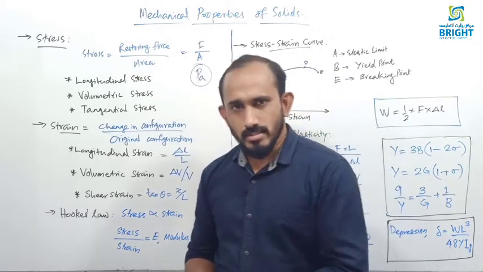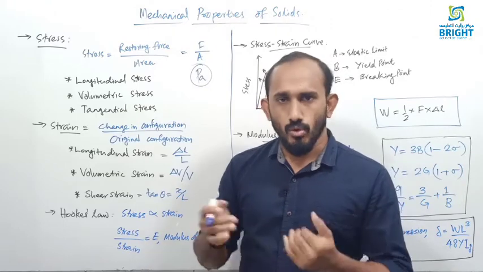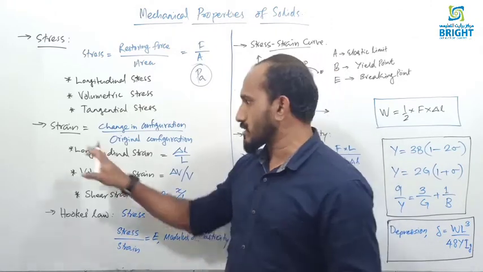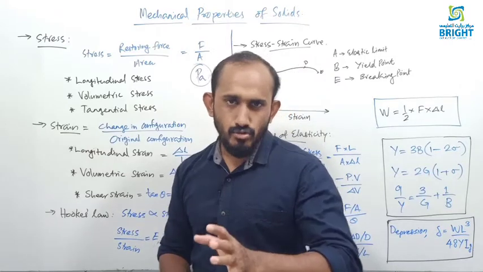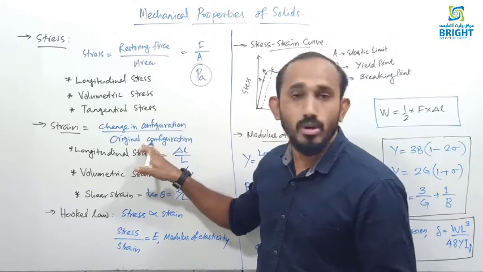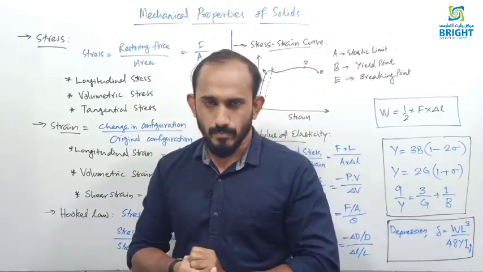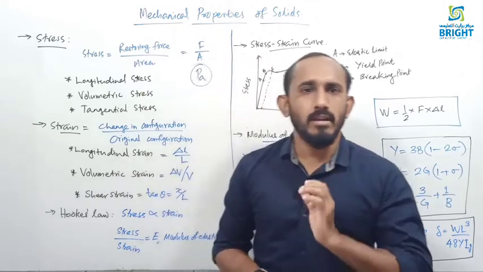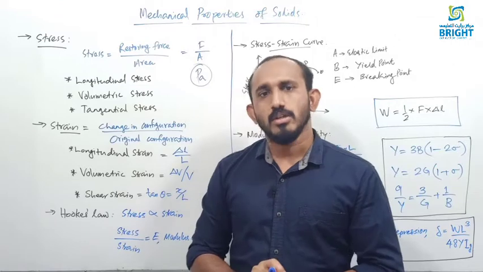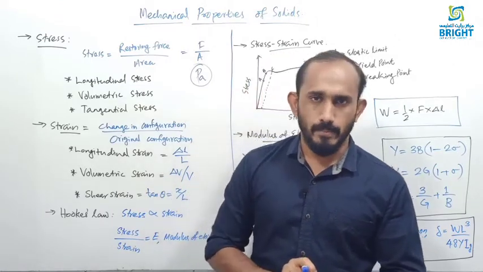So as much stress is there, if there is a change in the dimensions like length or volume or shape, then we'll introduce a term called strain. The strain gives you the concept of how much change there is in the configuration with respect to the original configuration. For example, there is a 5 cm length of wire. You applied a normal stress, that means a perpendicular stress, so that its length increased by 0.01 centimeter.